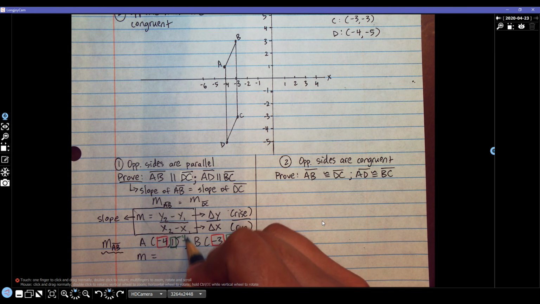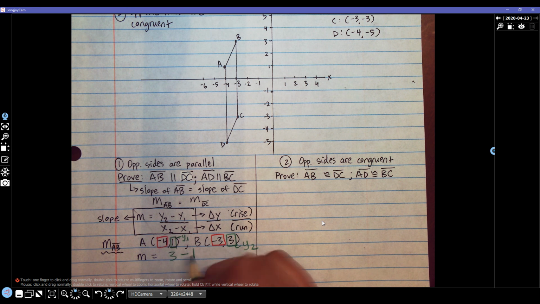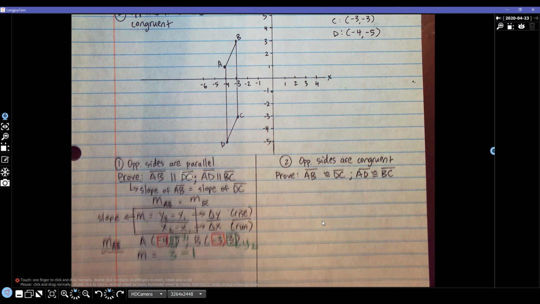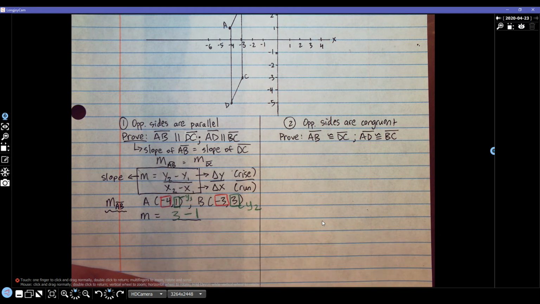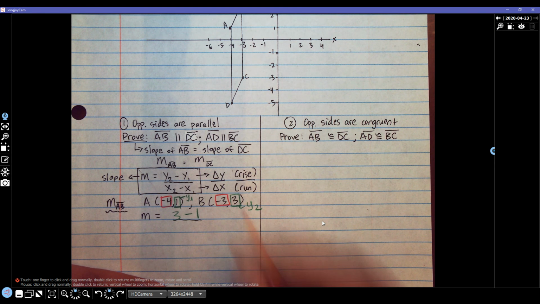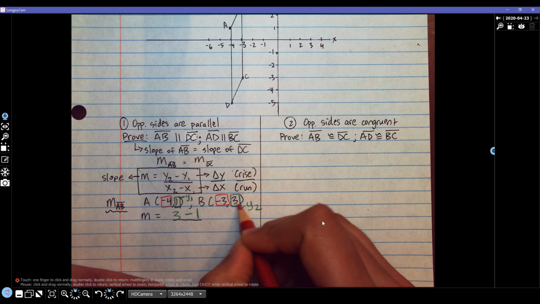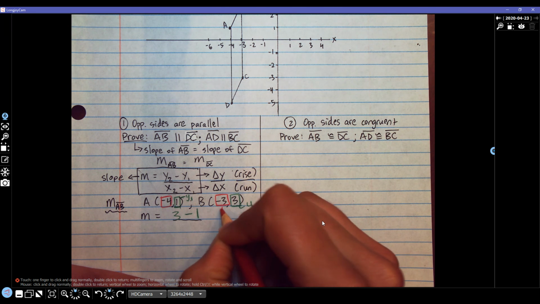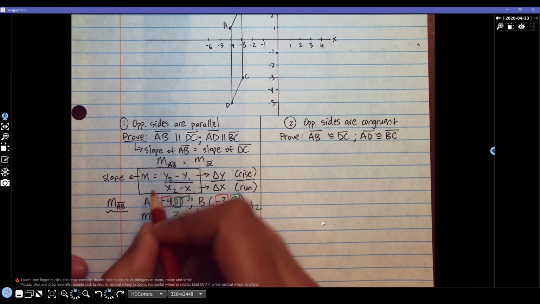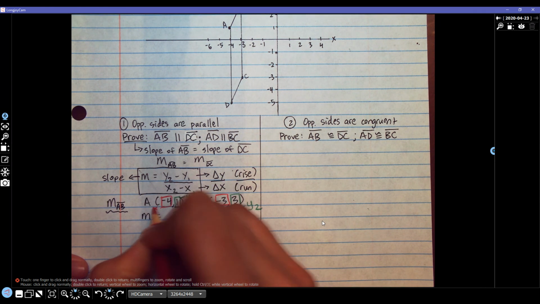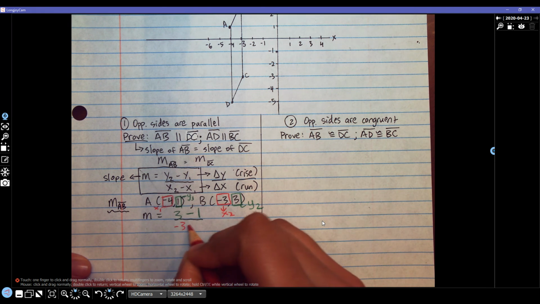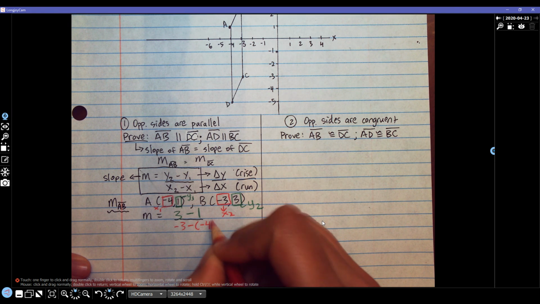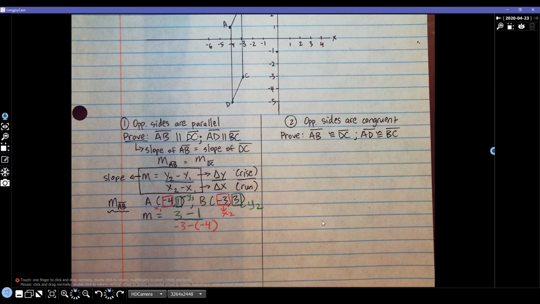So we're going to take 3 minus 1, move it up over, and then since we made this 3 y2, we'll have to make this one x2, and then this one here will be x1. So -3 minus -4. Okay, so we've set up our rise over run.